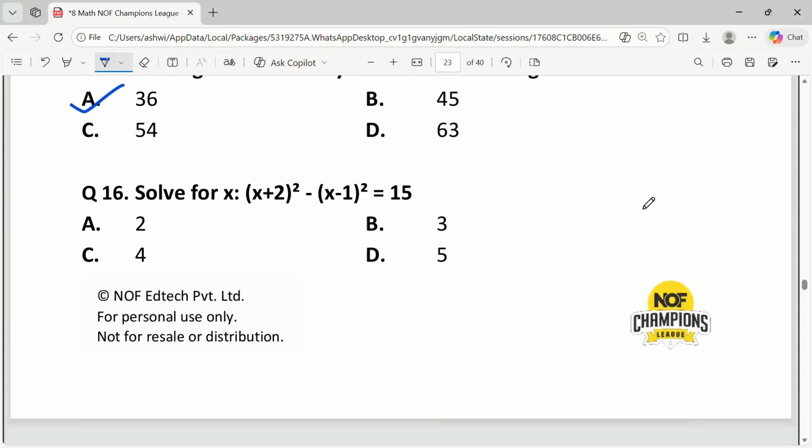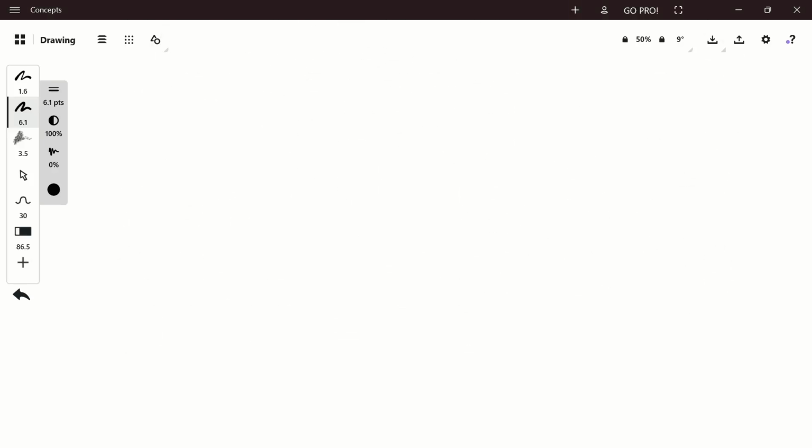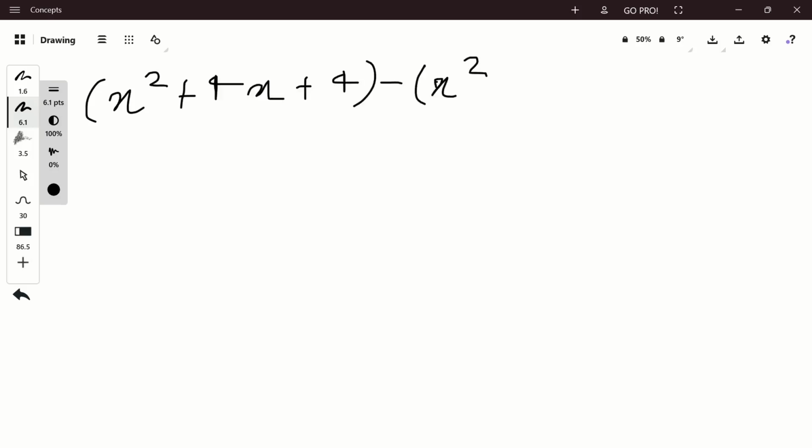Solve for x plus 2 whole square minus x minus 1 whole square is equal to 15. Expanding the squared terms, we have x square plus 4x plus 4 minus x square minus 2x plus 1 is equal to 15.